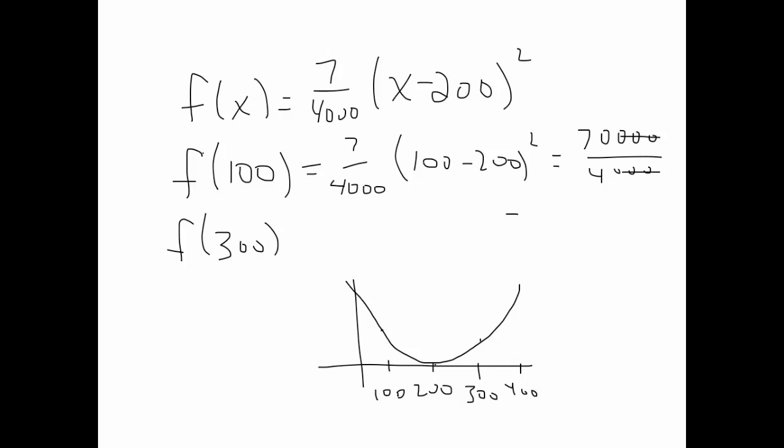So 70 over 4 is 17.5 meters. And if you do the same calculation using 300, you would also find 17.5 meters. So the cable is only 17.5 meters off the ground at the 500 meter mark, goes up to 70 meters off the ground when it goes to 0. So that's it.